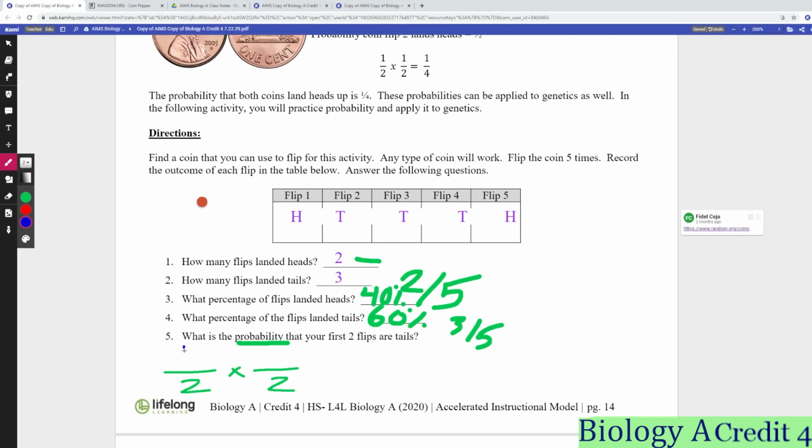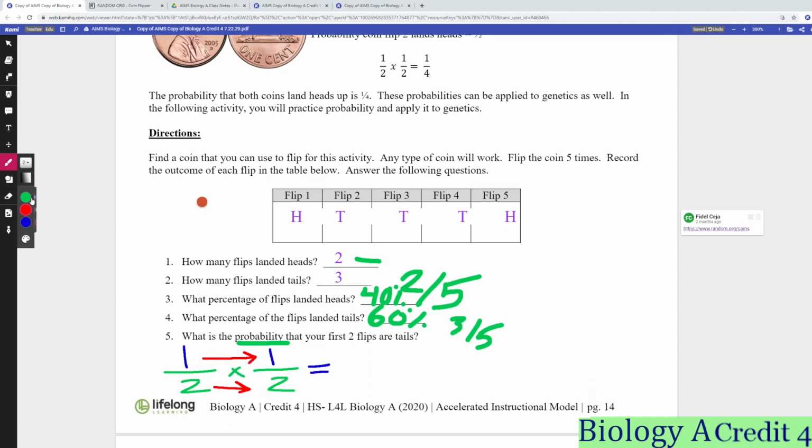So if our first 2 flips were tails, we have 1 out of 2 for tails times another 1 out of 2 for tails. So we're going to take our 2 fractions and multiply them together. Remember, multiplying fractions: multiply the top to the top and the bottom to the bottom.